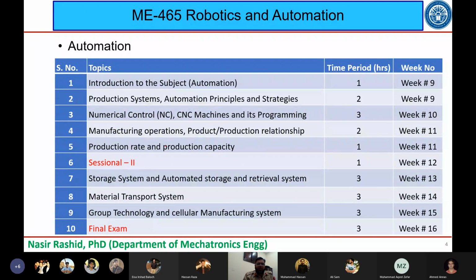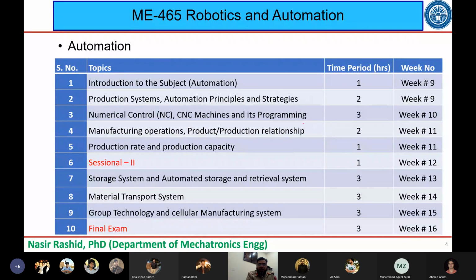So this is automation, and I need your input on this. I have included topic number 2, which is production systems, automation principles and strategies. Have you studied this? No, sir. So you haven't studied this in your manufacturing.